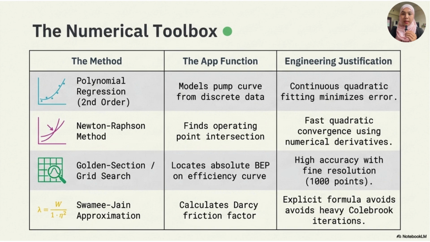Our Newton-Raphson method gives us rapid quadratic convergence to find the exact system operating point using a numerical derivative. For finding the BEP, a grid search of 1000-point resolution guarantees high accuracy. And to calculate the Darcy friction factor, we implement the Swamee-Jain approximation. This explicit formula completely bypasses the heavy, computationally expensive iteration required by the standard Colebrook equation.